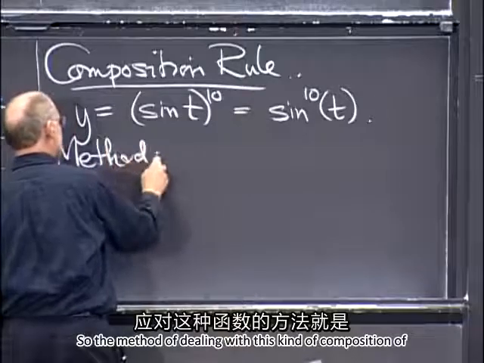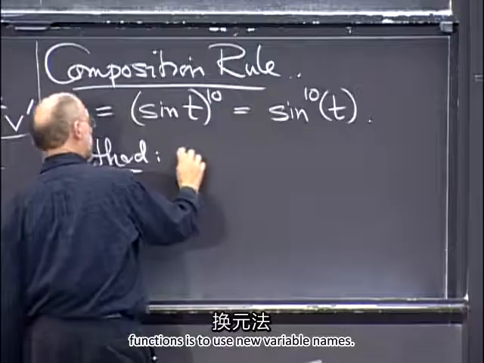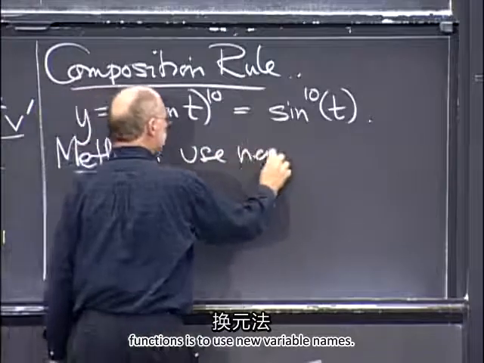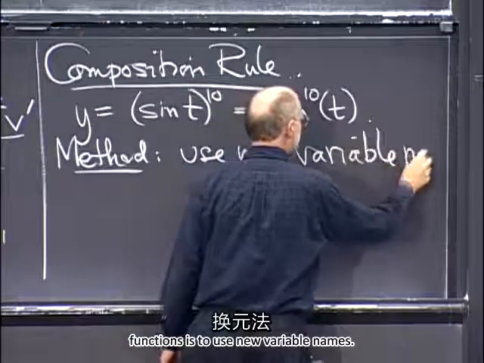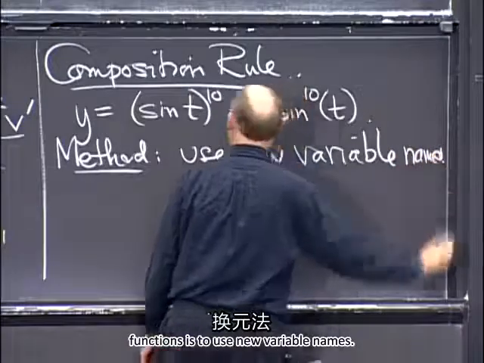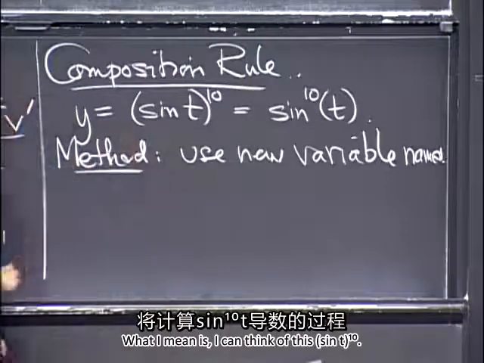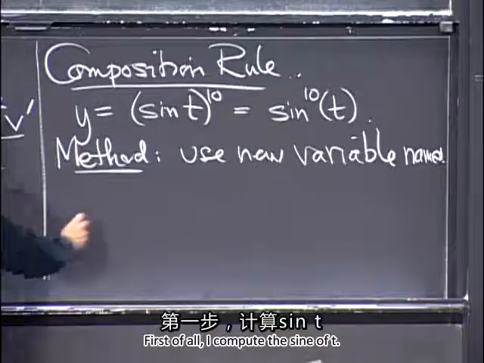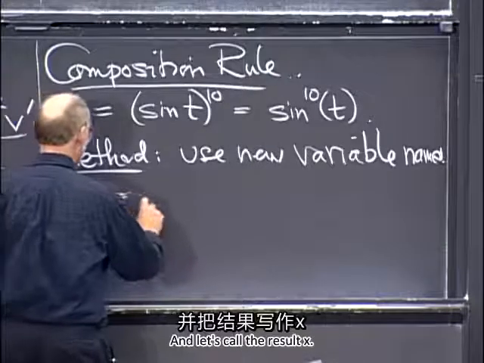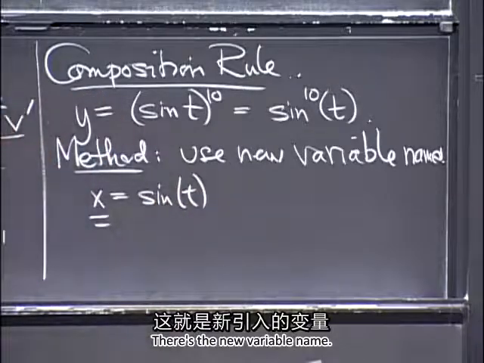So the method of dealing with this kind of composition of functions is to use new variable names. What I mean is, I can think of this sine of t raised to the 10th power as a two-step process. First of all, I compute the sine of t, and let's call the result x. There's the new variable name.